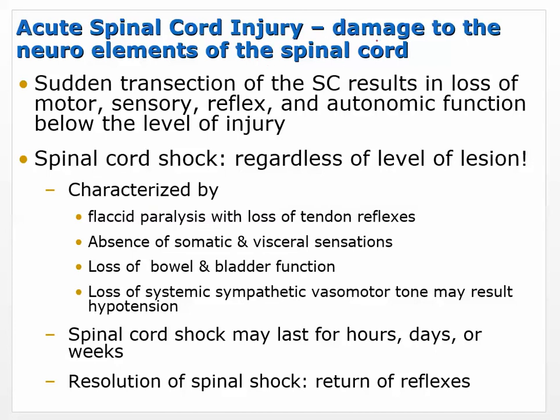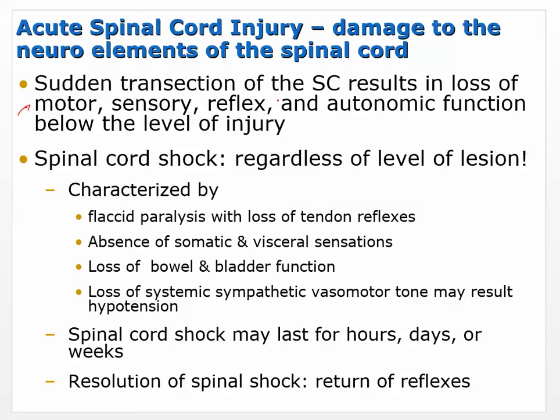So acute spinal cord injury in general, okay, is a sudden transection of the spinal cord that results in loss of motor, because we have to start thinking about what's going to happen here. So loss of motor, sensory, maybe reflex, autonomic, below the level of injury.